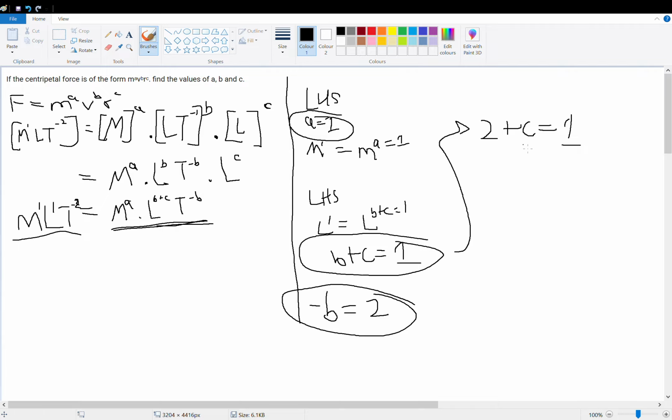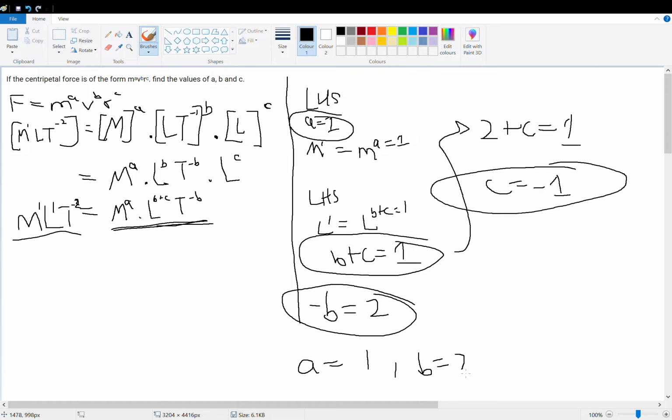By basic math, 2 minus 1 is 1, so c will be equal to minus 1. So this is the answer, guys. a is equal to 1, b is equal to 2, c is equal to minus 1.